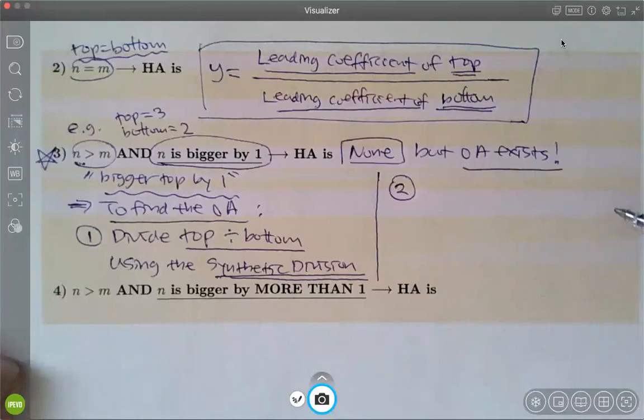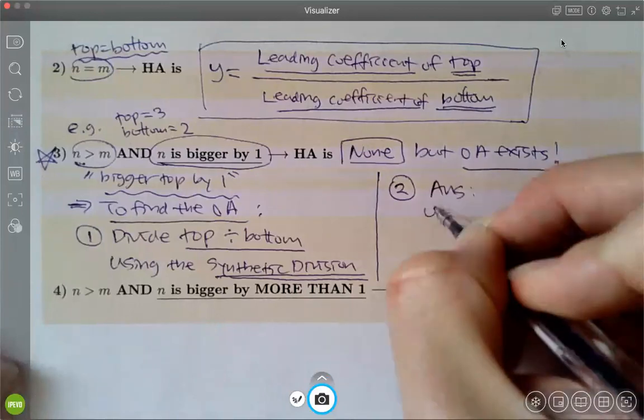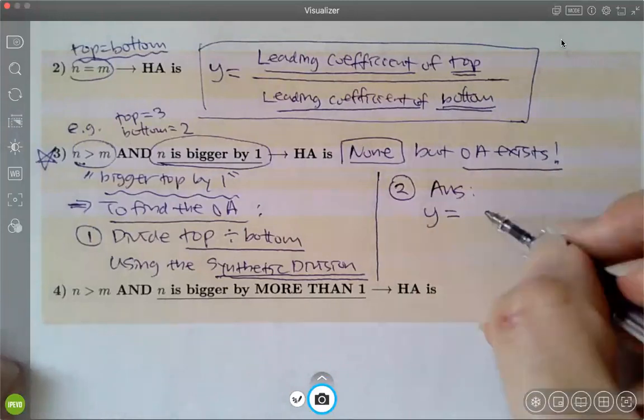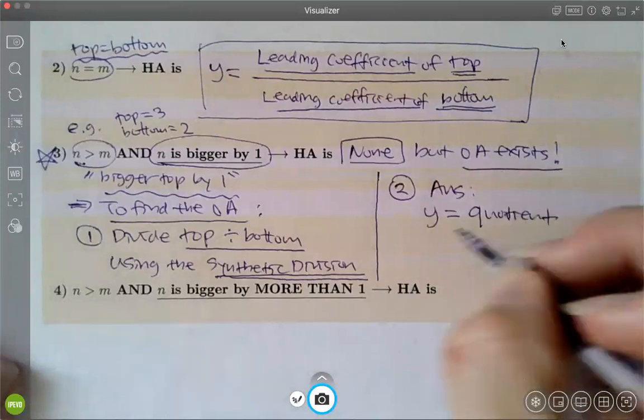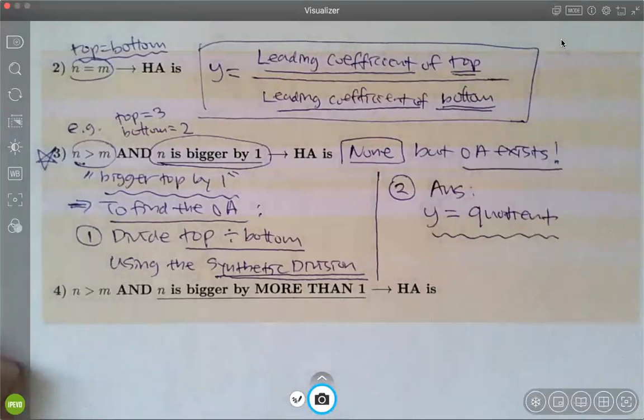Okay. So you just write your answer as y equals. Remember, the equation of the oblique asymptote is y equals mx plus b. But instead of mx plus b, you have to look at the quotient. Whatever quotient you get, put y equals in front.